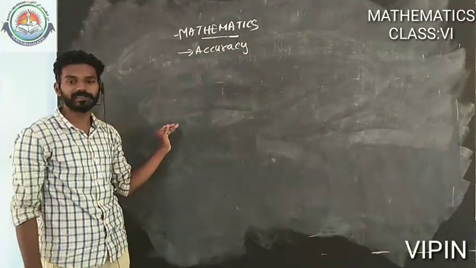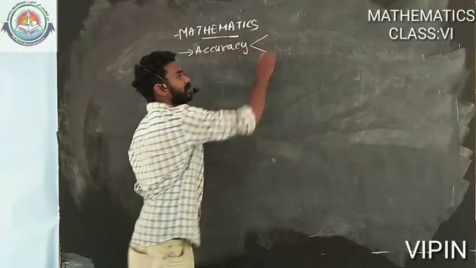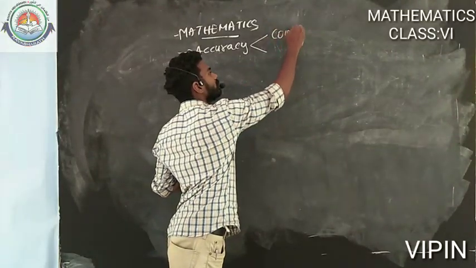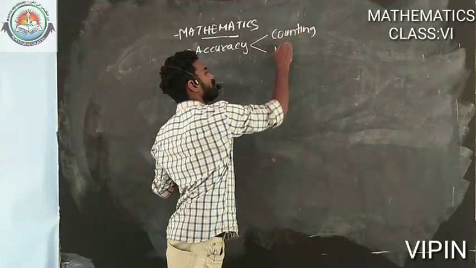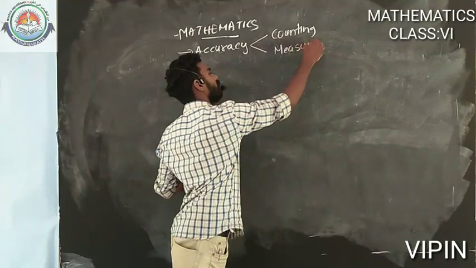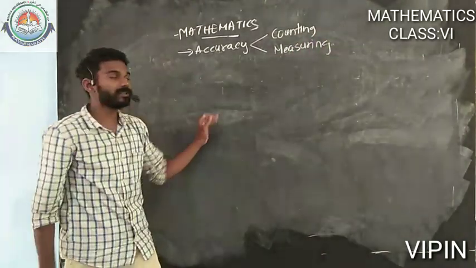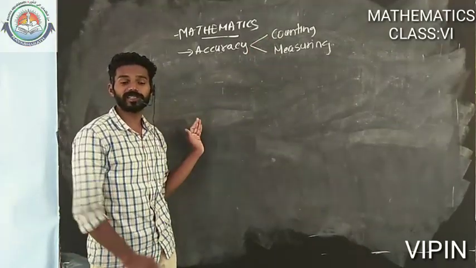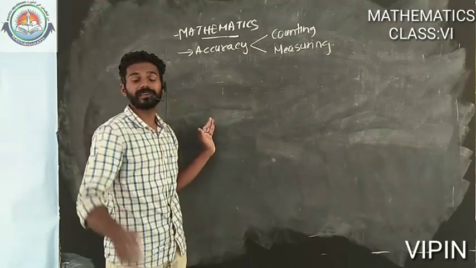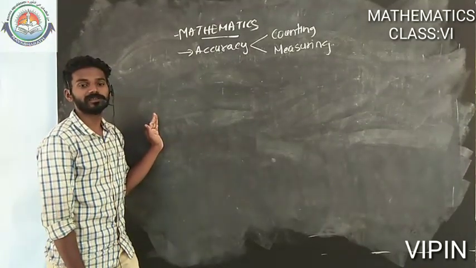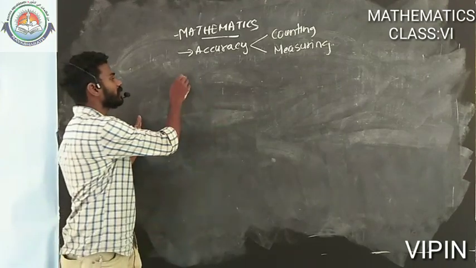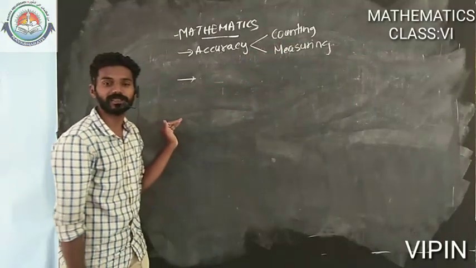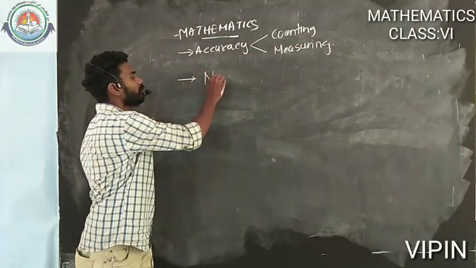And in mathematics, to attain accuracy, we do different processes like counting or measuring, etc. And those counted or measured values can be represented by using certain symbols. Clear? And for labeling or recording our countings and measurings, we use a number system.